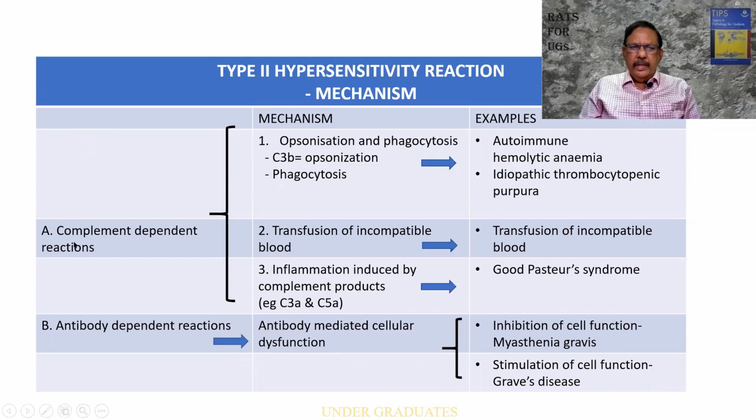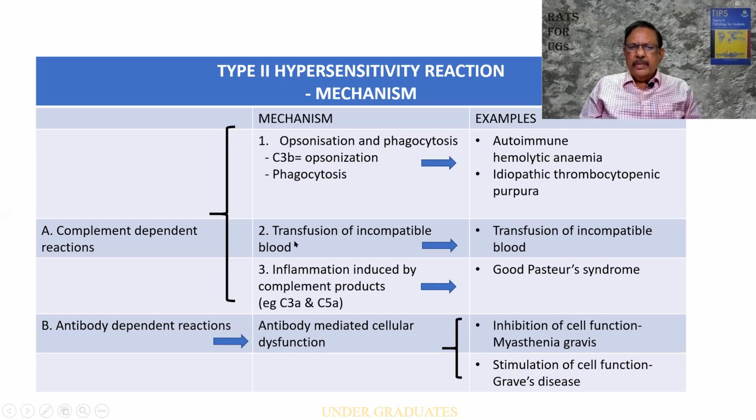As I mentioned earlier, the type 2 reaction can be complement mediated or it can be antibody dependent. In the complement mediation itself, there are three particular examples. First, opsonization and phagocytosis. This can happen in autoimmune hemolytic anemia and ITP, idiopathic thrombocytopenic purpura.